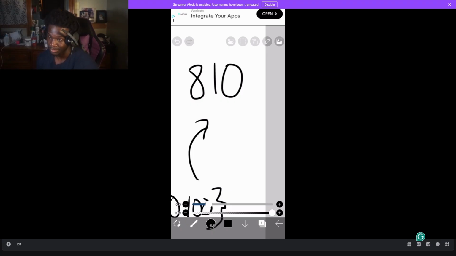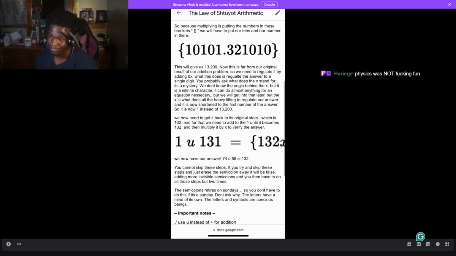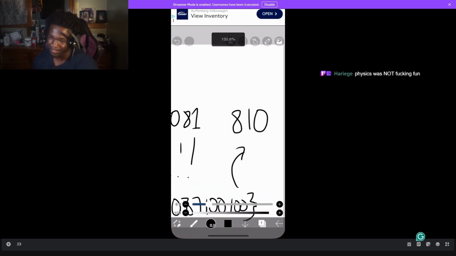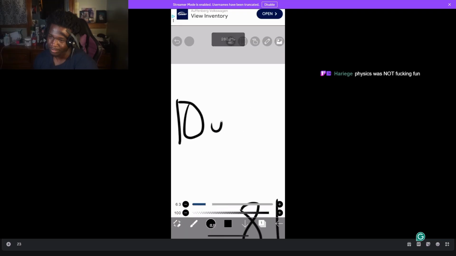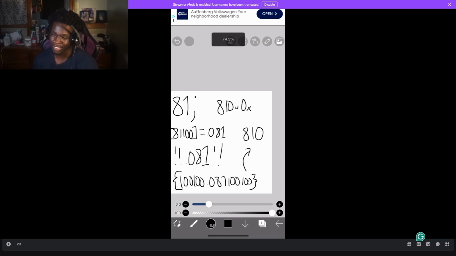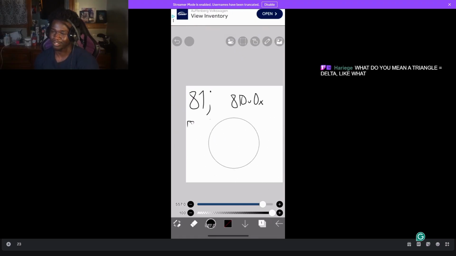All right, so now we need to add it. So we got an addition symbol, and then a multiplication symbol. No, we don't do multiplication symbols.